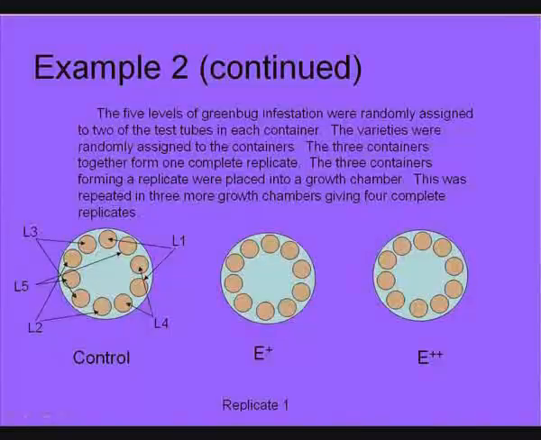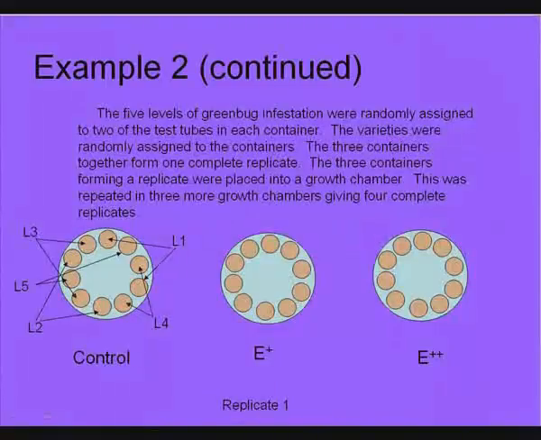And then do that similarly for all three cans. And then these three coffee cans were going to be placed in a growth chamber and observed at some later point. And then this was going to be replicated 4 more times, giving 4 complete replicates, so it'll be replicated in 3 more growth chambers.